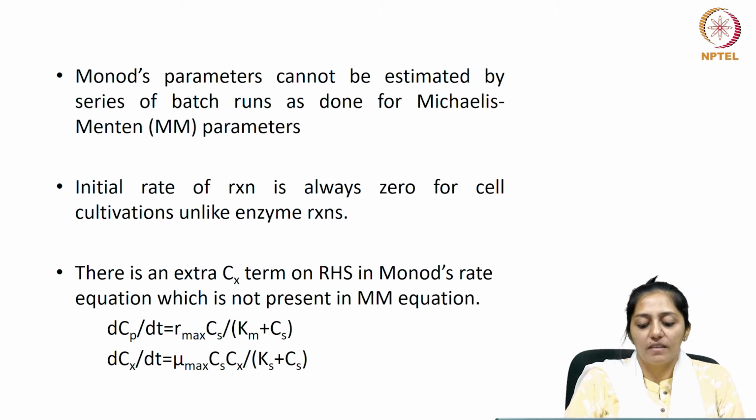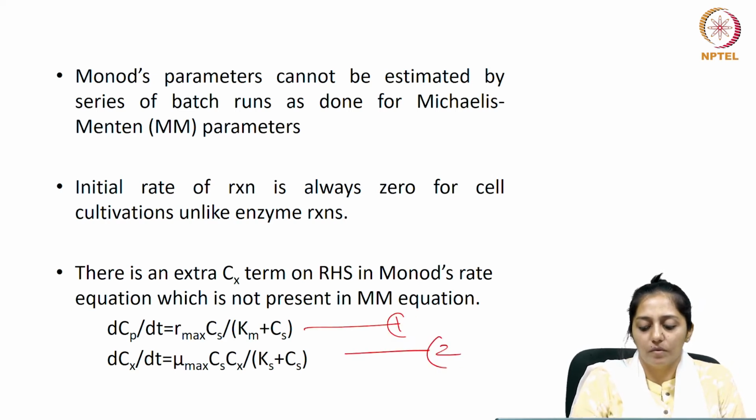There is an extra Cx term on the RHS in Monod's rate equation, which is not present in the Michaelis-Menten equation. So if you see equation 1 and equation 2, in equation 2, where we have given the growth rate dCx by dt, it is equal to mu max, they have substituted Monod's model, which is Cs by Ks plus Cs multiplied by mu max.